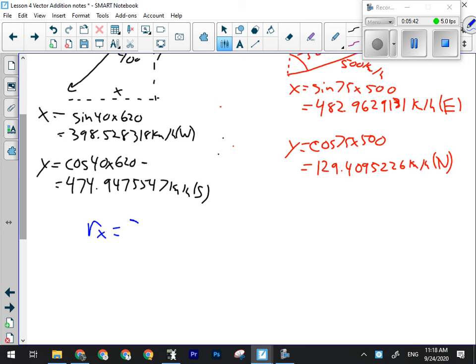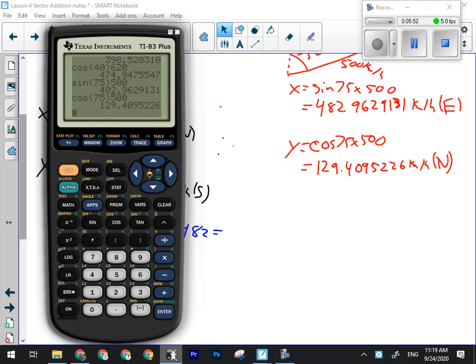So I'll have my 398.528318 minus 482.9629131, obviously with all the decimals in place. All right, so I end up having a resultant x component that is west 84.4 kilometers per hour.